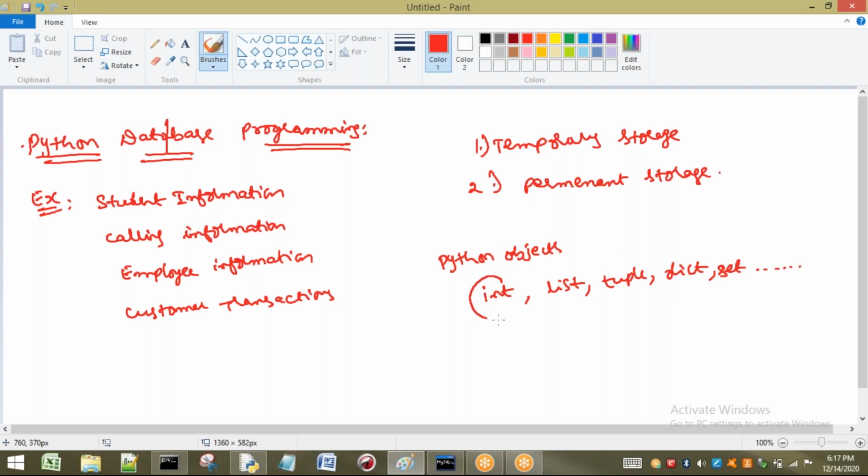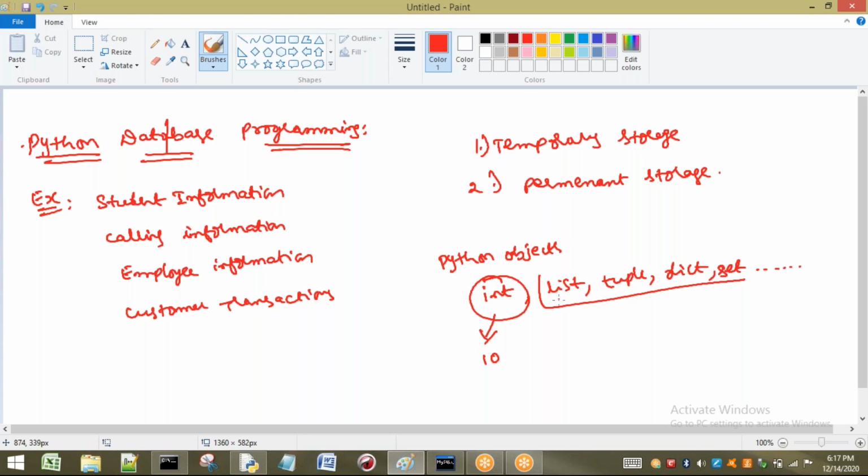So what is the use of this int data type? It can store only one value. It is an integer type only. What about all these other types? These types of objects can store any number of data, a group of data or collection of data. Let us consider this collection of data.